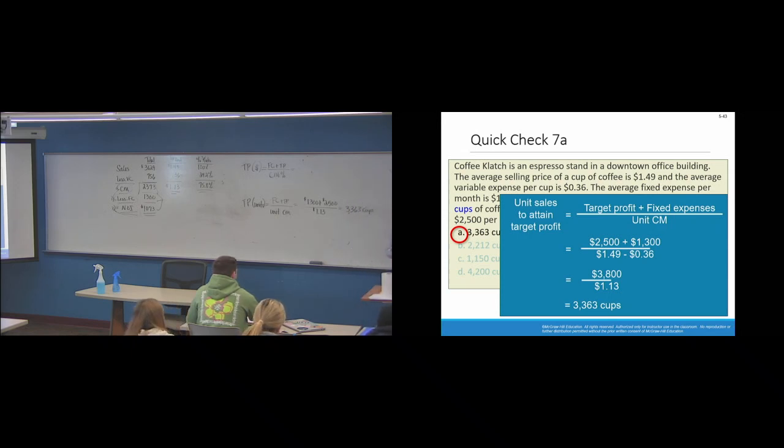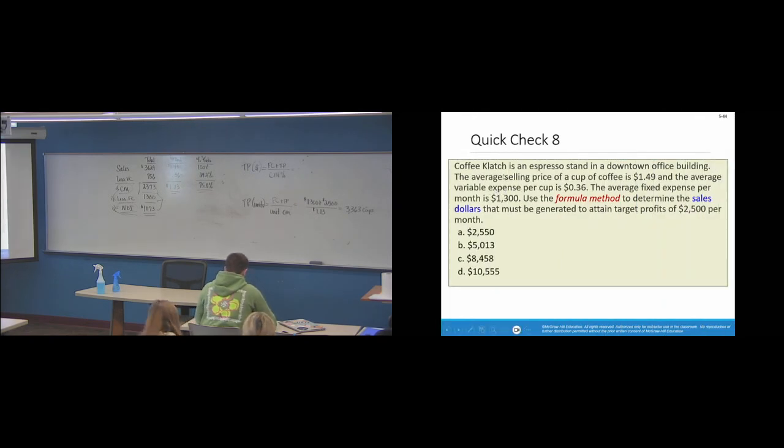Oh, so it is 6.2 decimal, 8.3, and then they rounded up. See, they didn't do that with the last one. Somebody didn't do a very good job of checking the work of the textbook author, I guess. 33.63. Got to round up to the nearest whole cup. Questions? Okay.